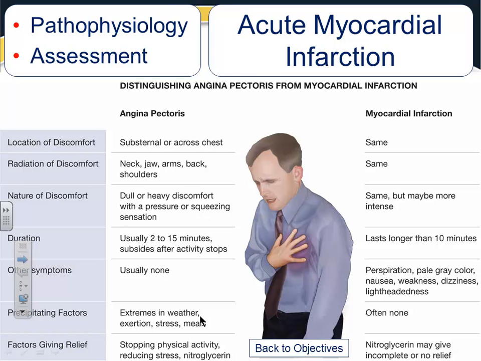Ischemia, or ischemic. We'll say that tissue is ischemic. What does that mean? It means that there's no oxygen to the tissue. The tissue is hypoxic. And if you don't clear up that ischemia in the heart, it's going to infarct. That means the tissue's going to die.